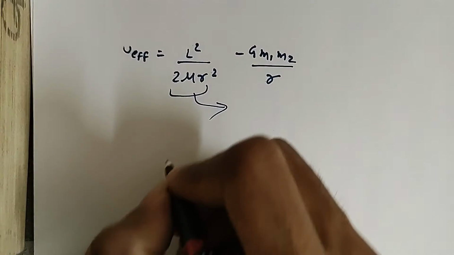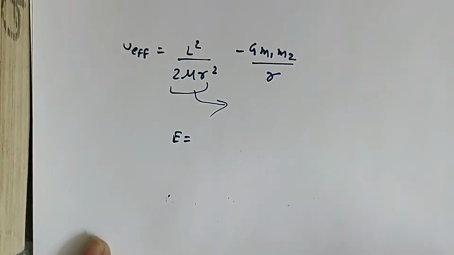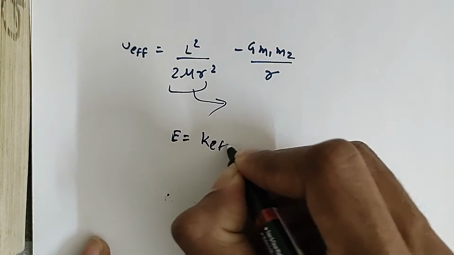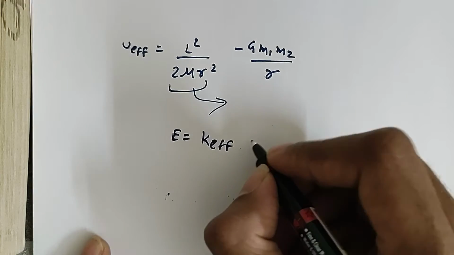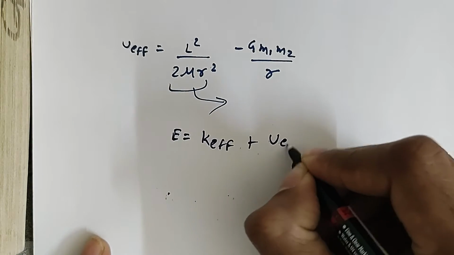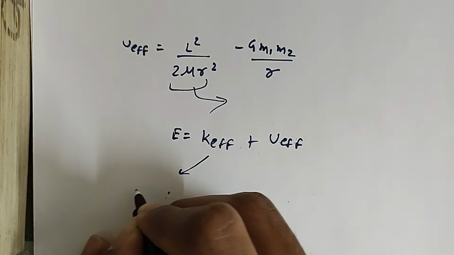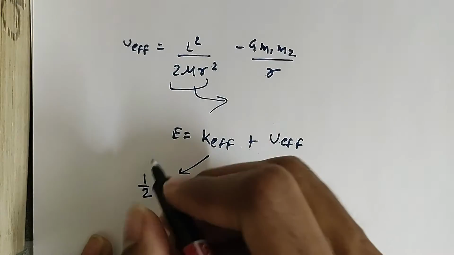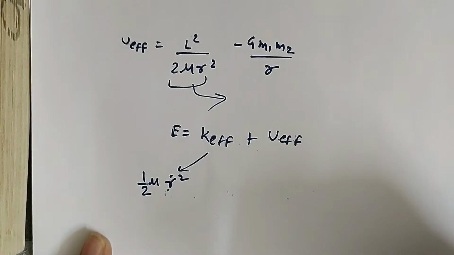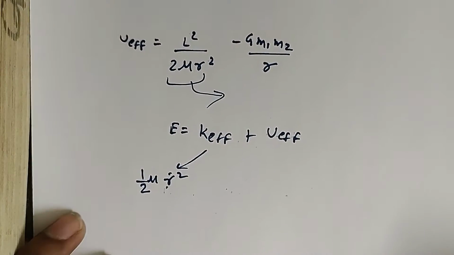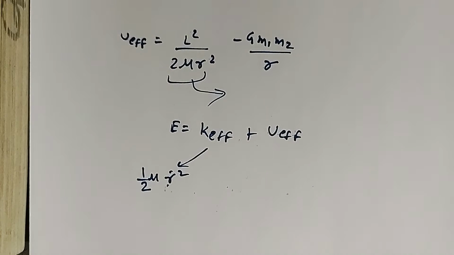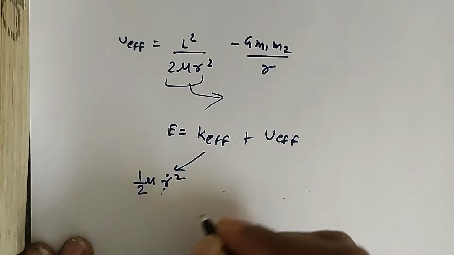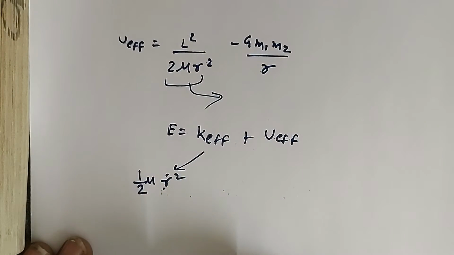So I can define the total energy E, which is equal to K effective, the effective kinetic energy, plus U effective. What is my K effective? It's half, rather than m v squared, it's mu r dot squared. Mu is the mass of the two-dimensional system interpreted as a single body, that is basically the definition of the reduced mass.